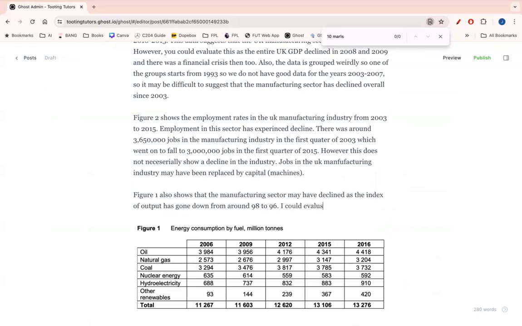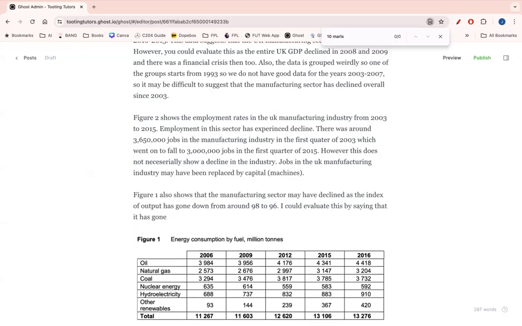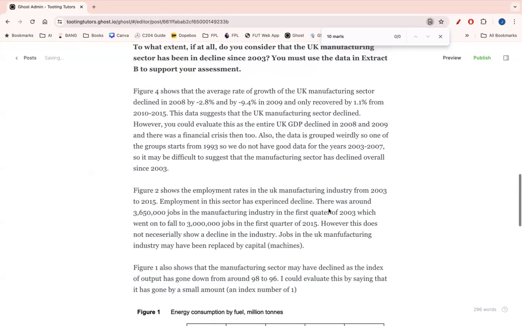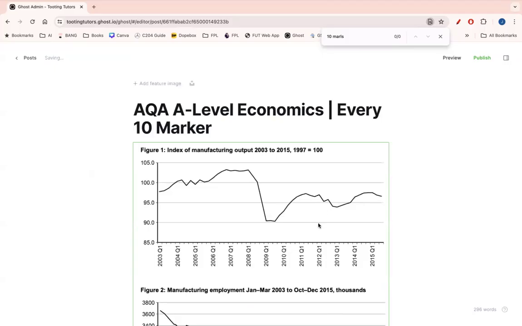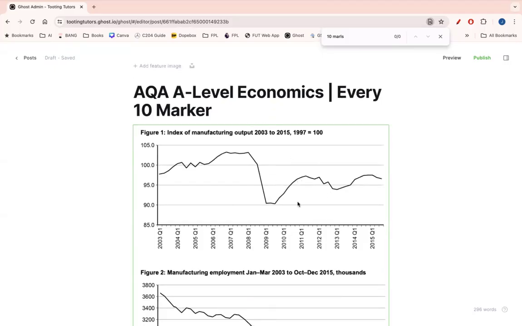I could evaluate this by saying that it has only gone down a tiny amount. And also there have been many fluctuations in between.